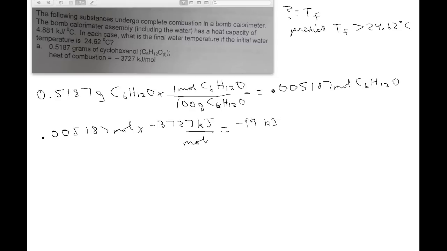And since this is Q for the reaction, we can use either Q cal or Q reaction. So Q calorimeter is equal to C delta T, where Q calorimeter is equal to 19, and that is equal to 4.881 times TF minus 24.62. Now we can distribute.